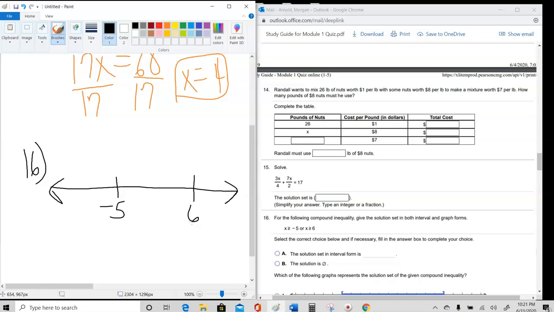And at both numbers, we need brackets since we have greater than or equal to. And because our arrows are pointing to the right, each shading will go to the right as well. So here we have it for -5, and then here it is for +6.